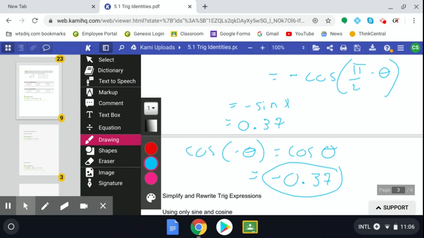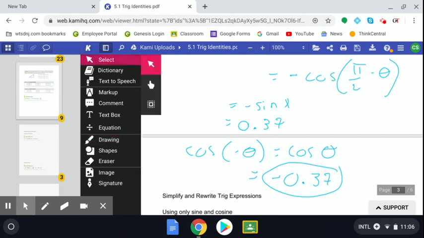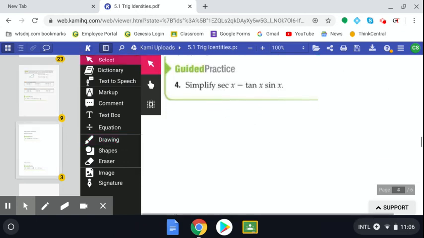Okay, now we are going to start simplifying trigonometric expressions. If they want me to simplify this, there is no rule to follow. You have to use pretty much what you know about the identities to simplify this expression.